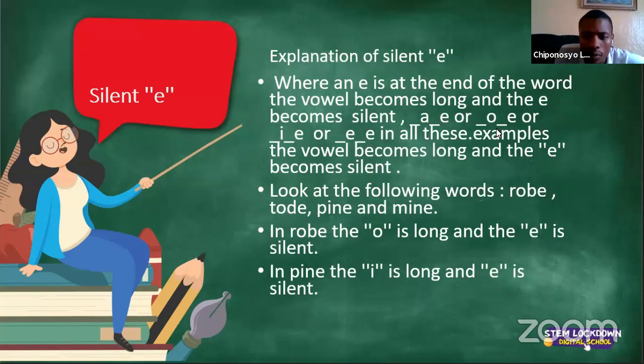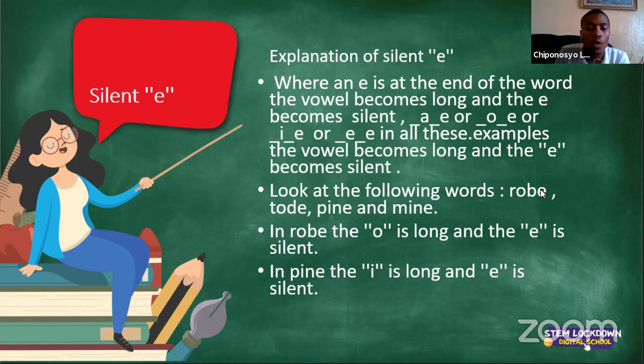Let's look at words such as robe. Robe has an E at the end. With the E at the end, it becomes silent. Hence, when we say robe, you hear that the O in robe is long. So you stretch it out.